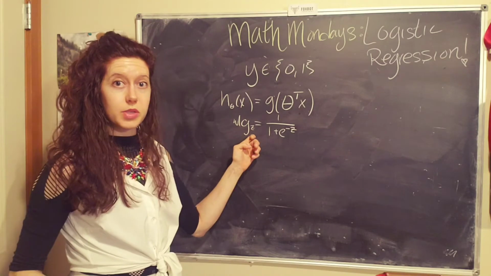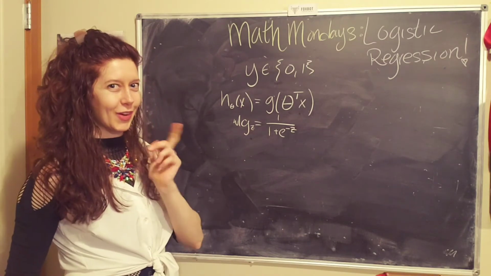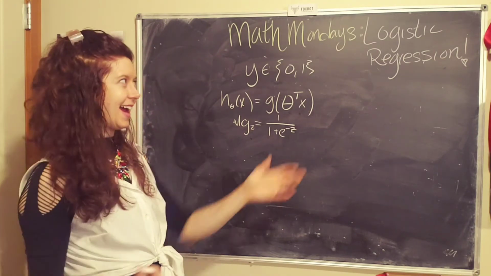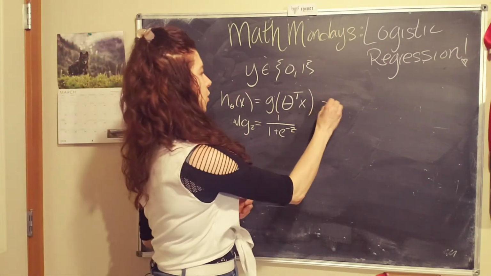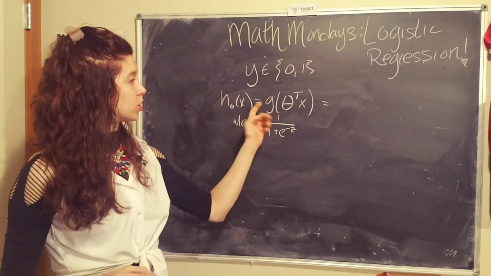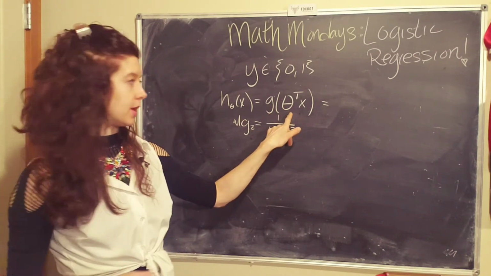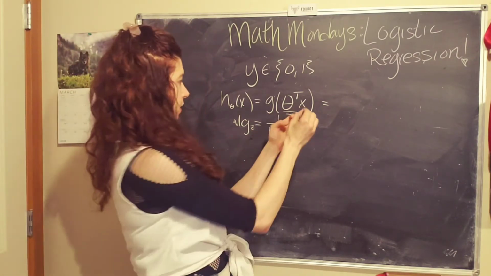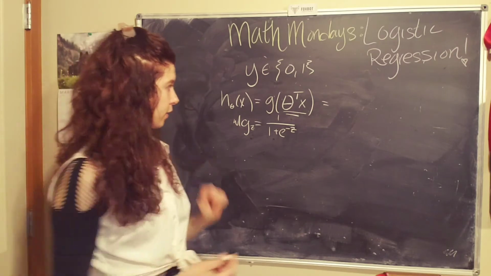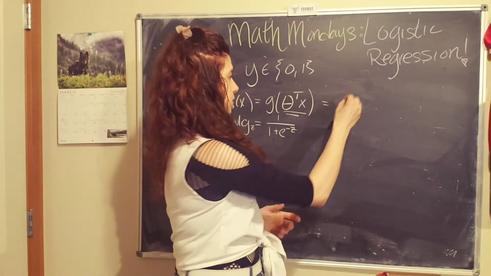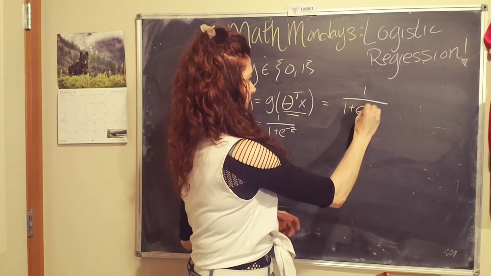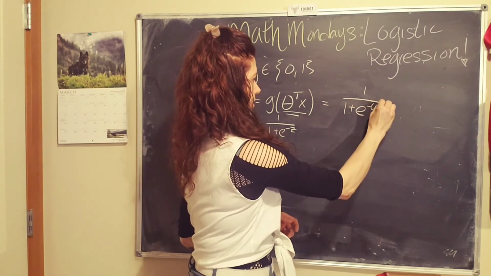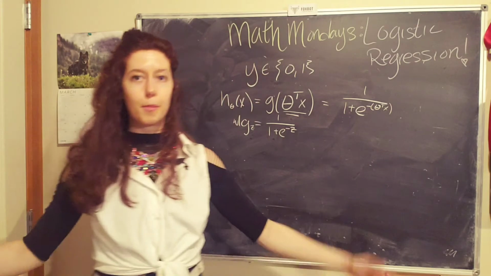So this is called the sigmoid function, or the logistic function. Hey, logistic regression, what's up? And so when we plug in our function g, this is our variable that we are inputting into our function g. Our hypothesis function is then going to equal 1 over 1 plus e to the negative theta transpose times x. Boom!